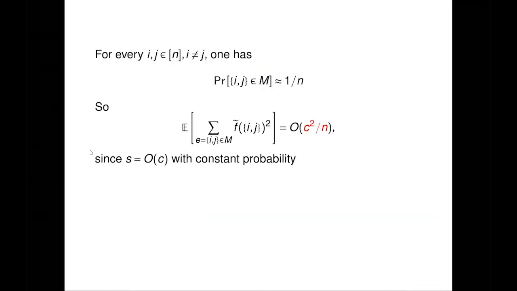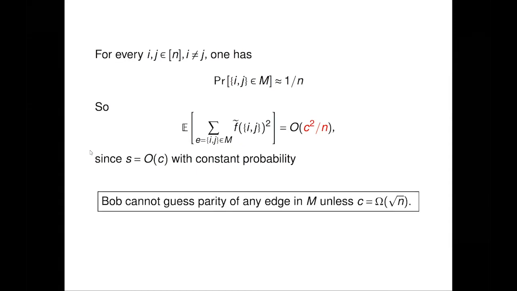Then Gavinsky and others note that the probability that any given pair belongs to the matching is roughly 1/n, and hence in expectation the sum of squared Fourier coefficients over the edges of the matching is communication squared over n. And if communication is less than root n, then Bob cannot really guess the parity of any edge in the matching.